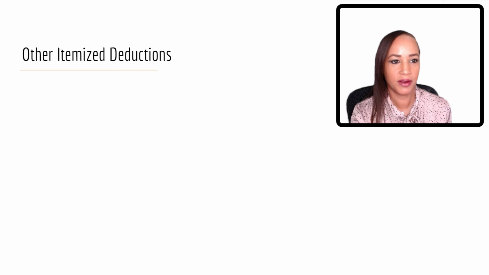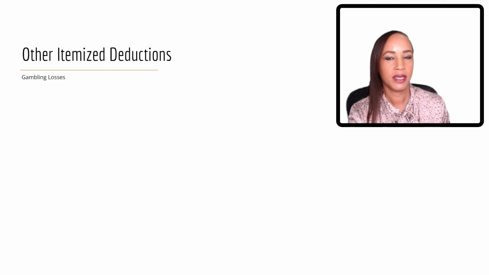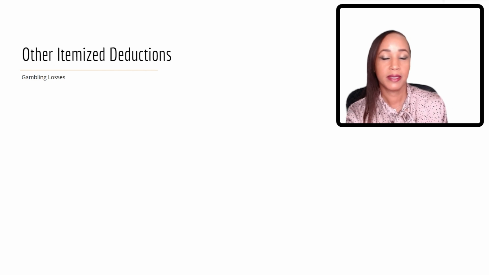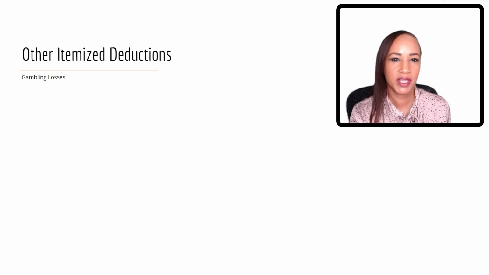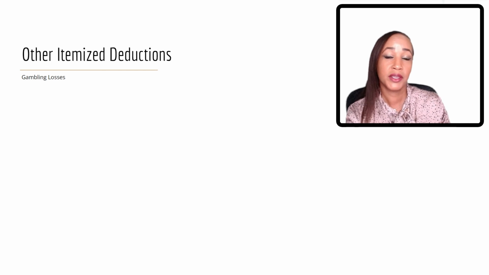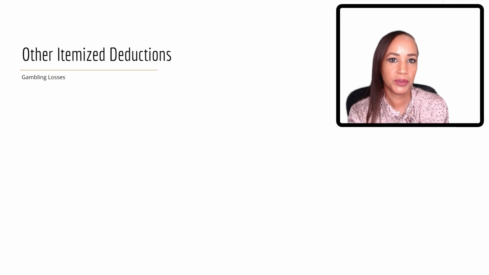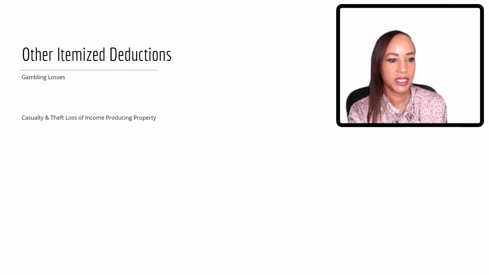So for your other itemized deductions, you're going to be looking at gambling losses, okay? This isn't all, but this is some of the other itemized deductions. Your gambling losses will only be deductible up to any gambling winnings that you claimed in income. Your casualty and theft loss of income producing property can be an itemized deduction.